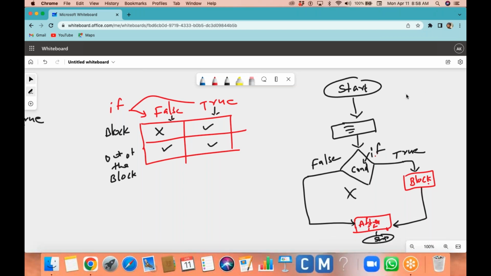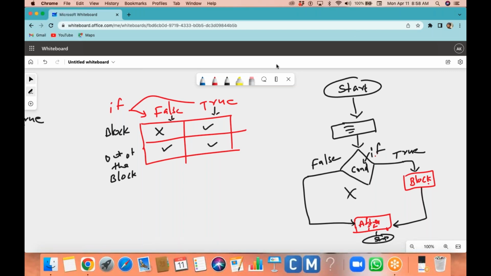Karthik, can you hear my voice? I just stopped myself. The reason is that I'm giving a task for you. Just write this particular flowchart in your notes.